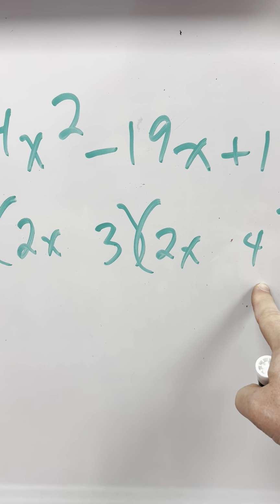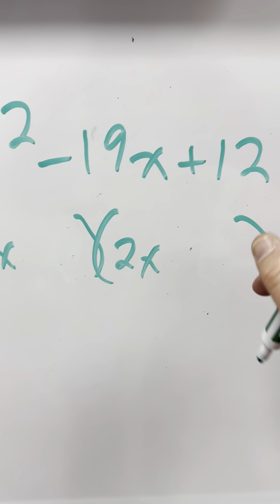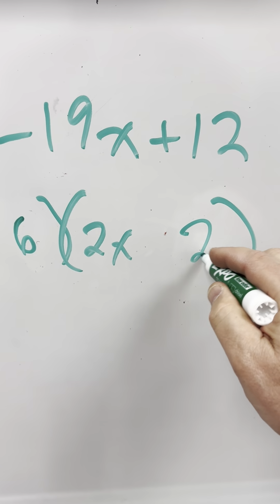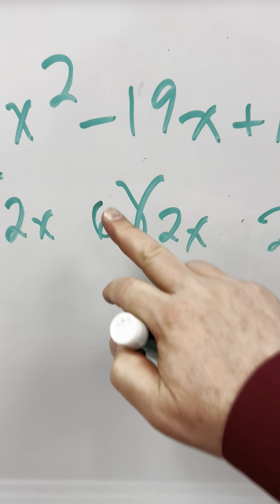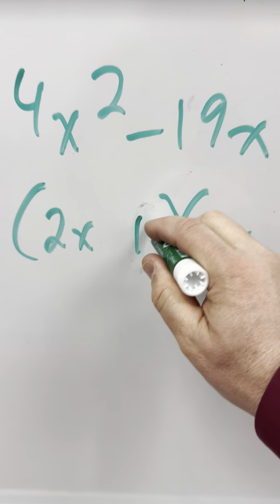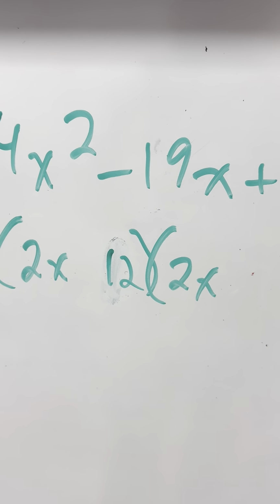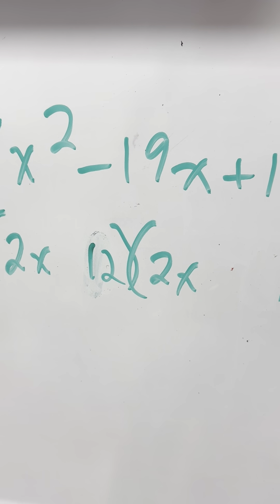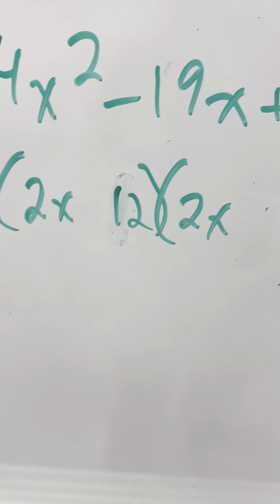So I can't put the 4 here or here. What about 6 and 2? Well, that's not going to work because you won't have a 2 here, you won't have a 6 here, so no go there. What about 12 and 1? That won't work because that's also a multiple of 2. You're not going to have that either. So 2 times 2 is not going to work.